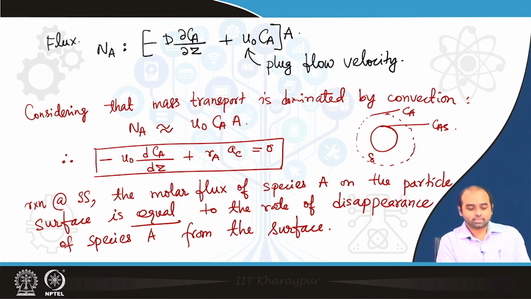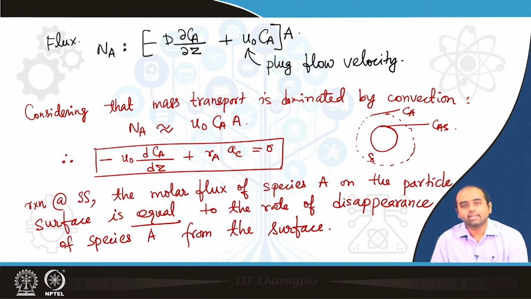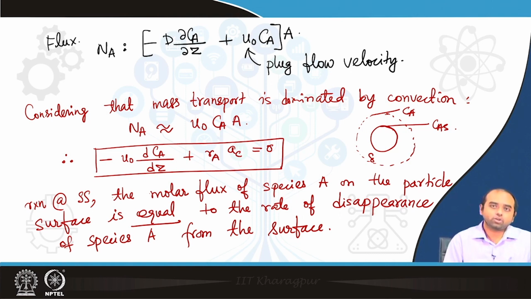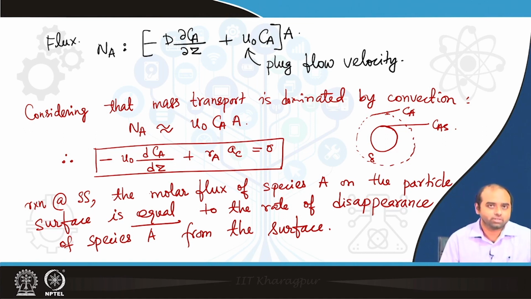So, in this scenario, whatever flux is incident on the particle surface should be equal to the rate of its disappearance, and how will it disappear? By chemical reaction only, right.